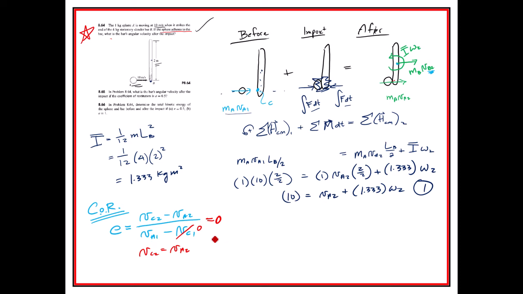And so now what we could do is say that, in terms of the bar that we're spinning right here, this point right here, VA2, is going to be equal to VC2 right here. So here's your VA2.